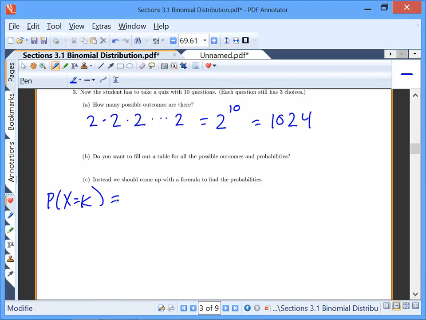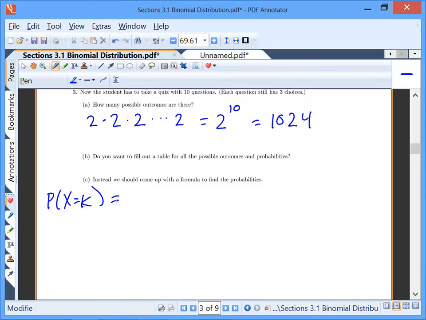Okay. So let's say we want to get k questions correct. What do you think we need? Based on the patterns you saw on the previous page. You don't have to start necessarily at the beginning, just what are you going to need?